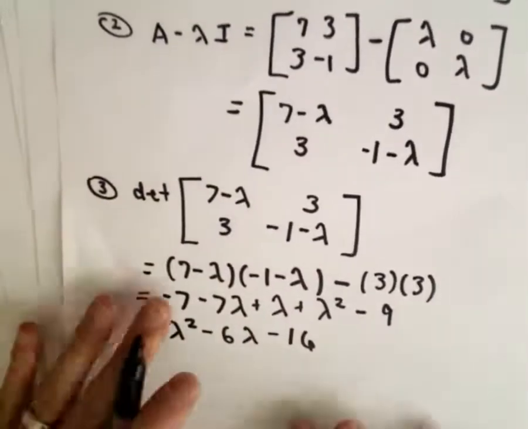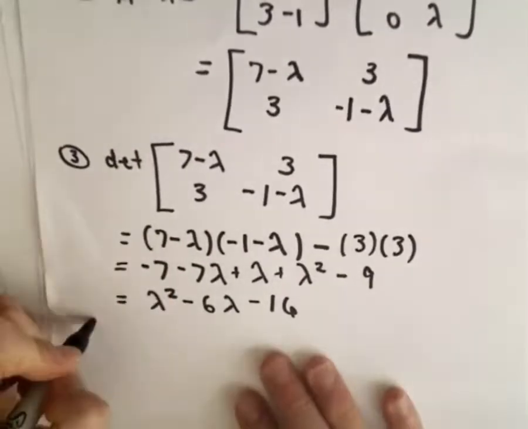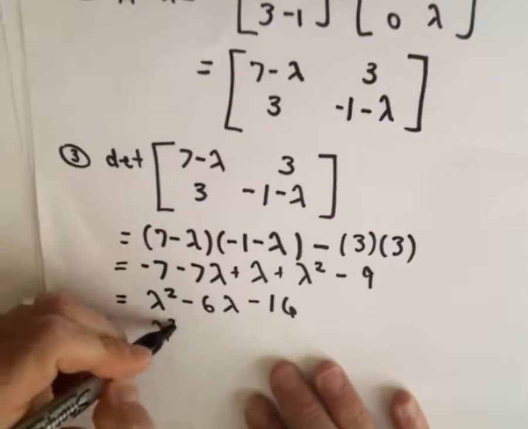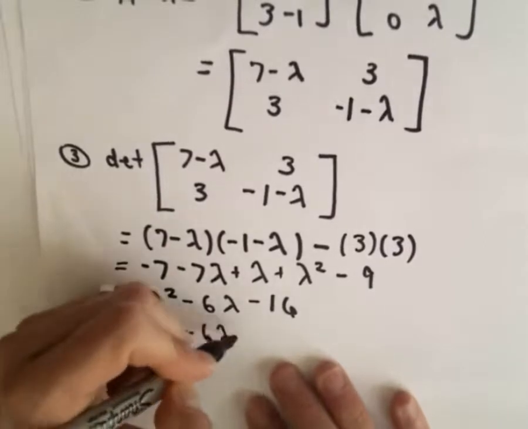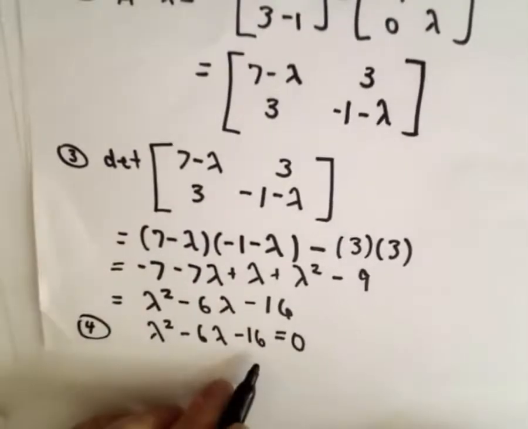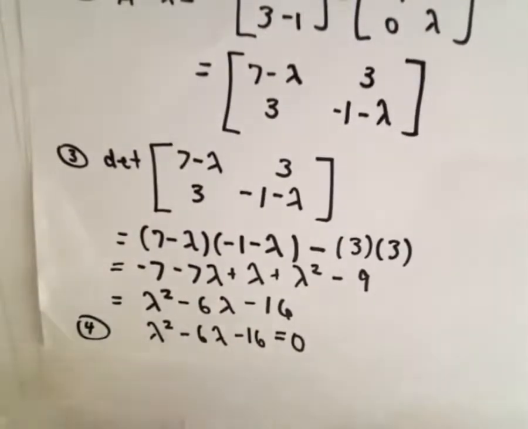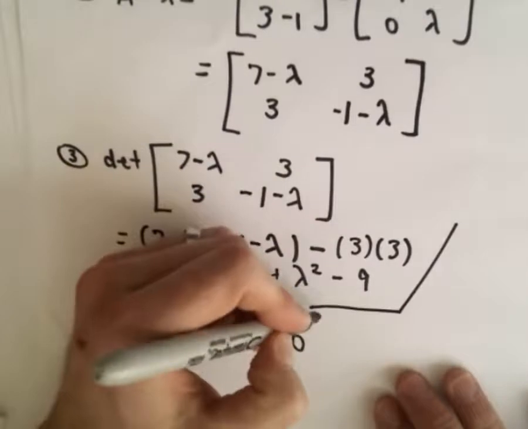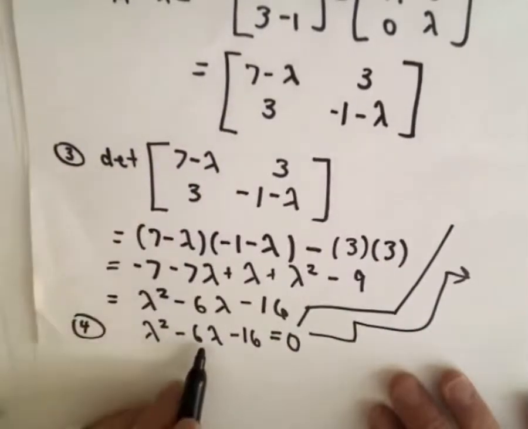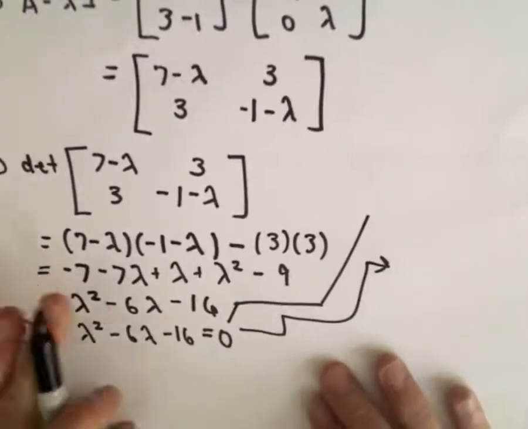Okay, so step 4. We take that equation, lambda squared minus 6 lambda minus 16, set that equal to 0, and solve for lambda. So lambda squared minus 6 lambda minus 16 is going to factor.